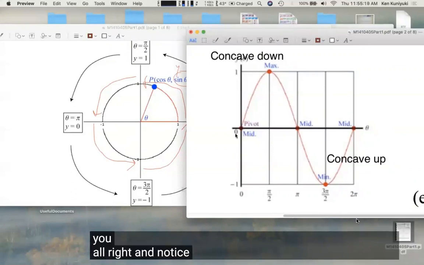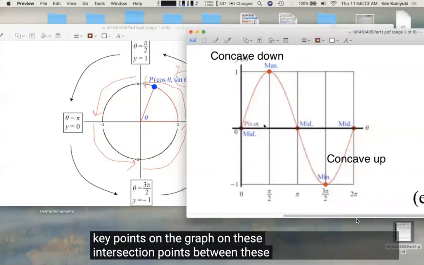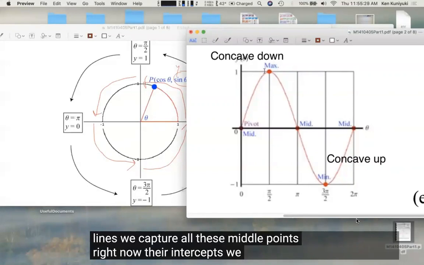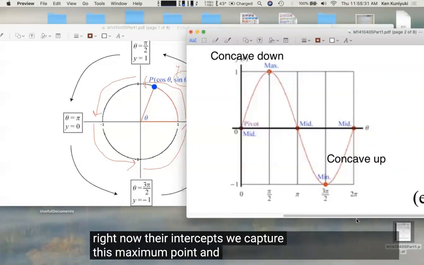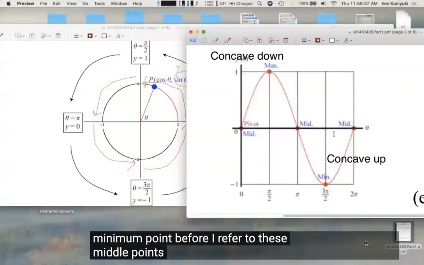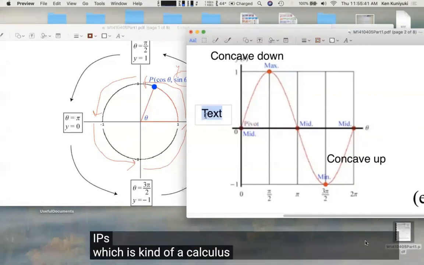All right, and notice here we have 5 key points on the graph, on these intersection points between these grid lines. We capture all these middle points. Right now they're intercepts. We capture this maximum point, and we capture this minimum point. Before, I referred to these middle points as inflection points, or IPs, which is kind of a calculus term.